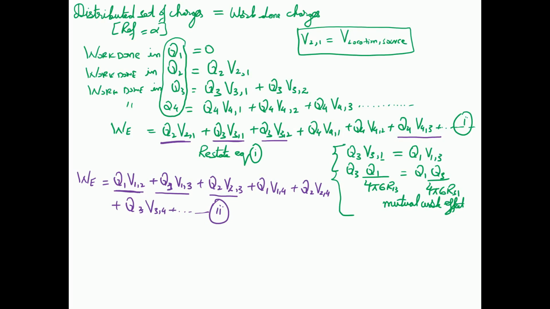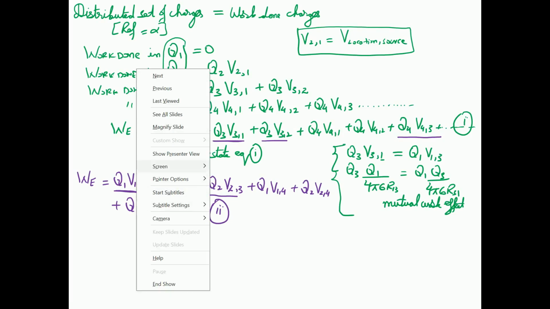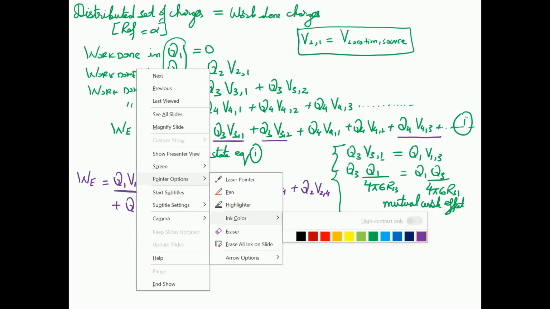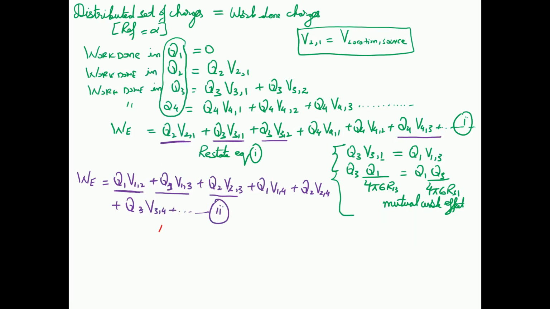So now what I can do is add both the equations and then we can continue from there. So let's add equation 1 and equation 2. This means my equation will be 2WE, and now I can write it as such. For charge Q1, I can take the voltages as common, V12 plus V13 plus V14, and it can go on for the rest.